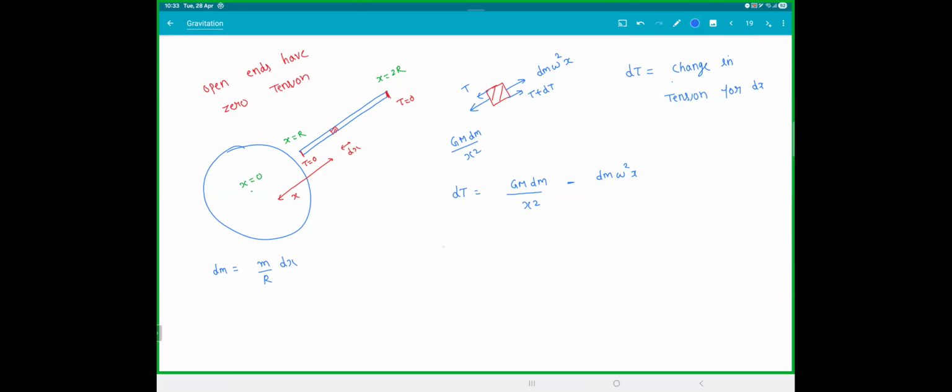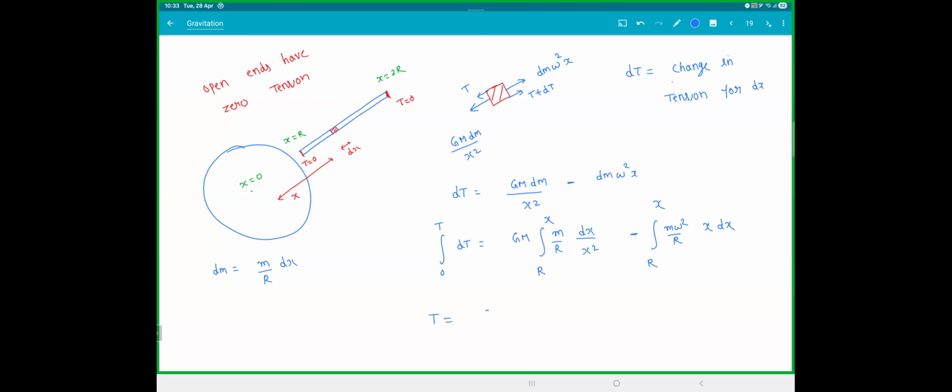So now when you integrate this, you end up with 0 to T, which is dT. This would be GM integral of M by R dx by x square, limits from R to x, minus M omega square by R integral of x dx, limits R to x.